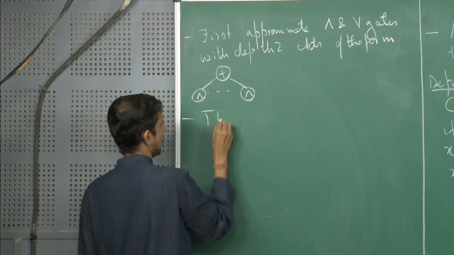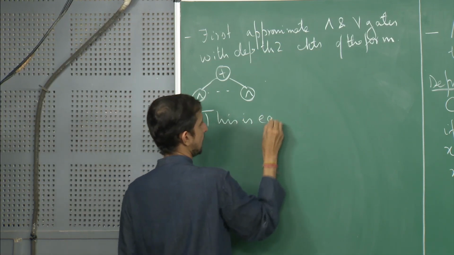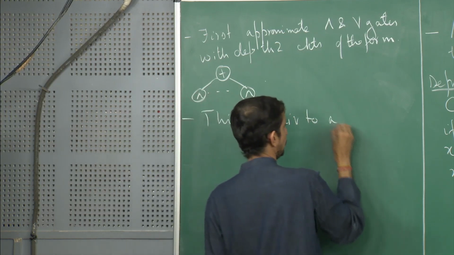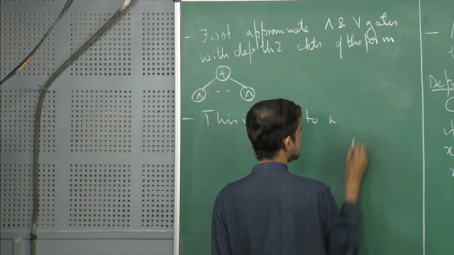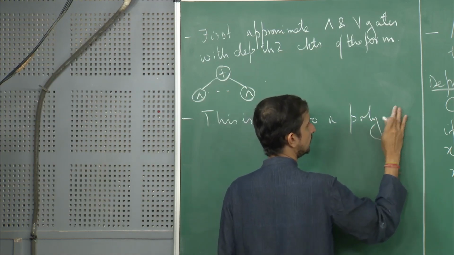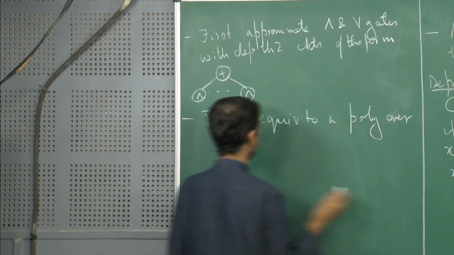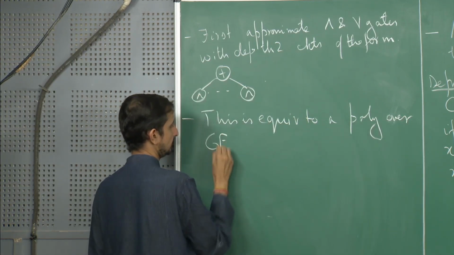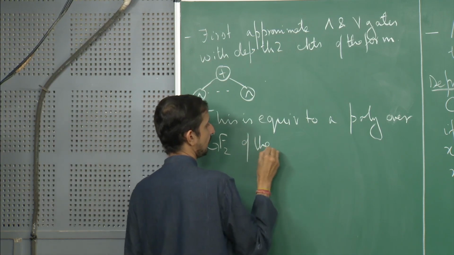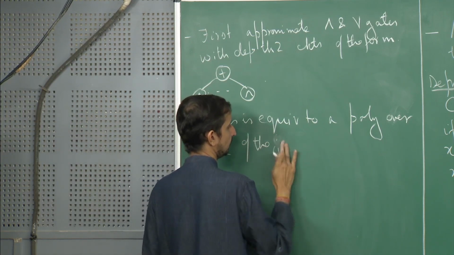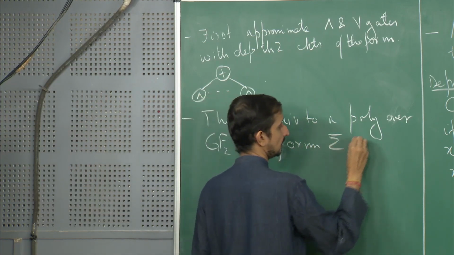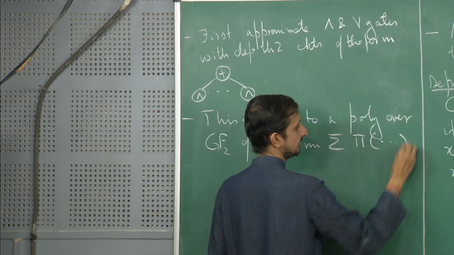This is equivalent to a polynomial over GF2 of the form sigma pi.